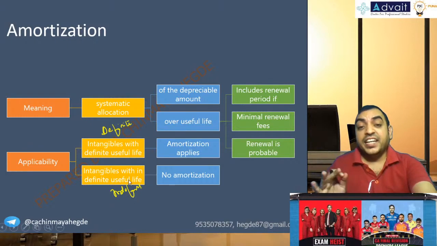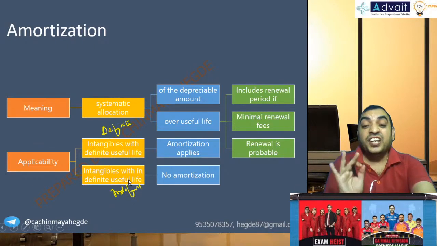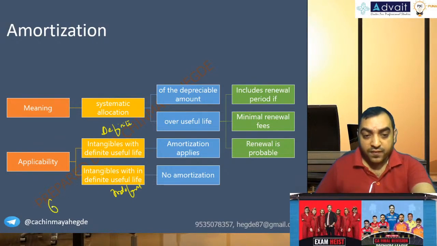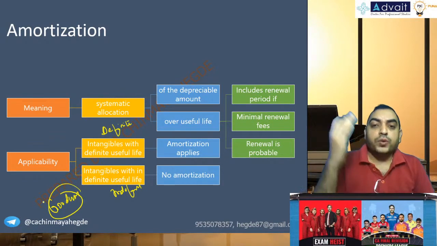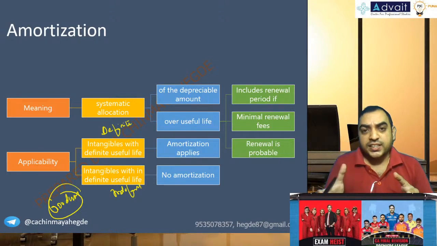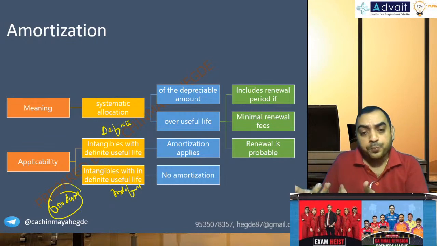Remember, indefinite does not mean infinity. For example, you have goodwill. How long is the goodwill going to be there with you? See, if you have a patent, if you have a franchisee, there is a useful life after which you have to renew it or you have to close it out.